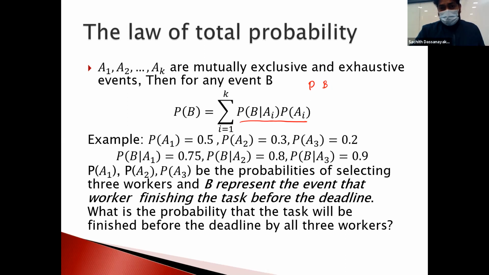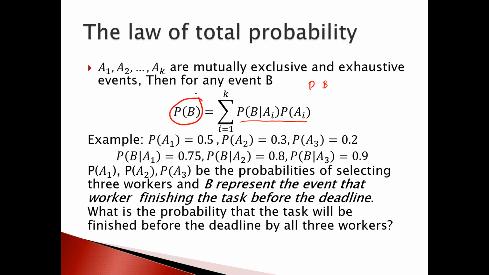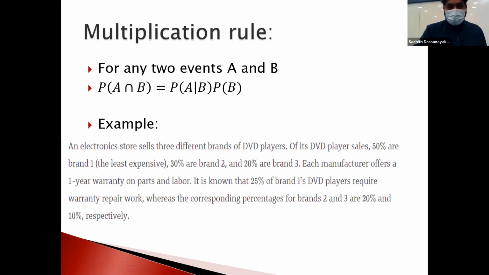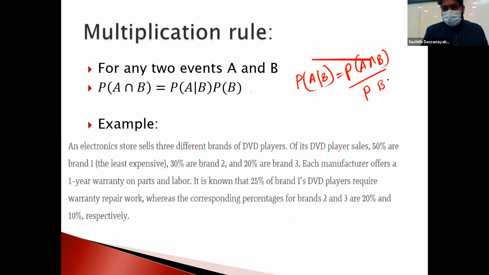This is the law of total probability. This is for the probability of this total event. Don't mistake this one. See, this is the conditional probability. Once you write probability of A given B equals probability of A intersect B divided by probability of B, clear?